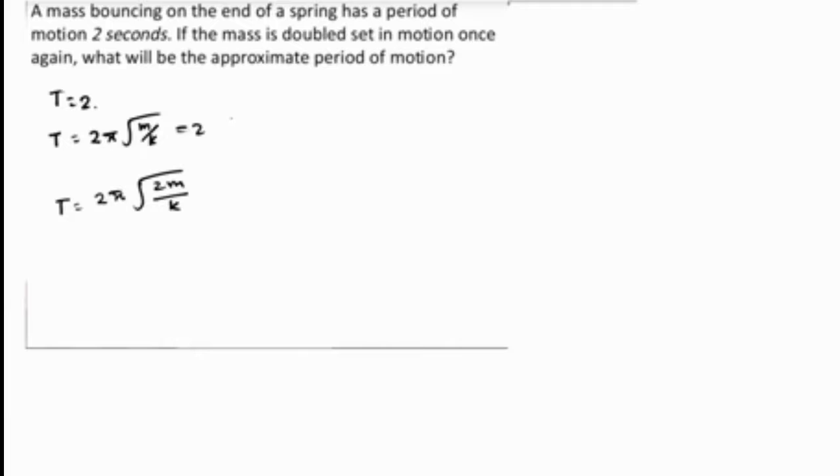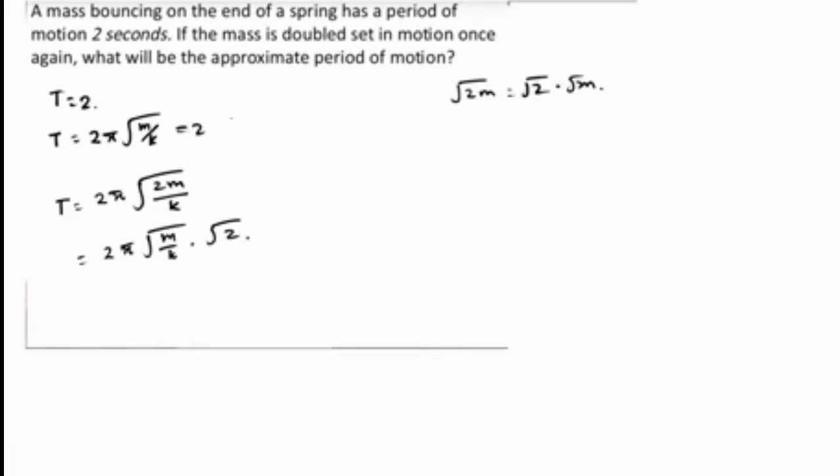So let's see how we can do this. First, we can separate this 2m as square root of 2 times square root of m. So this is going to be 2 pi square root of m over k multiplied by square root of 2.